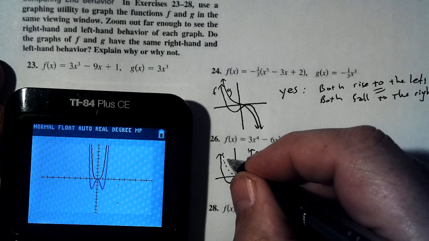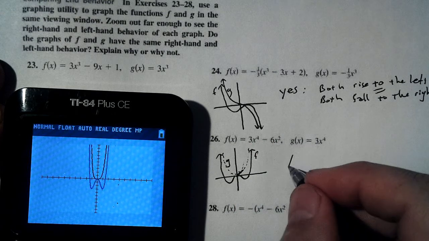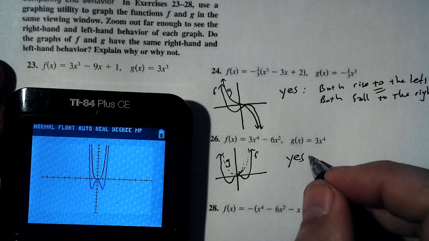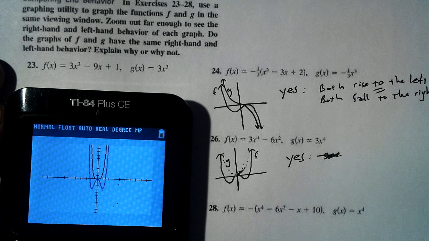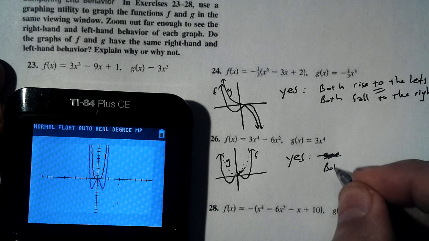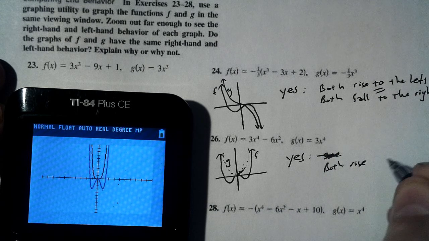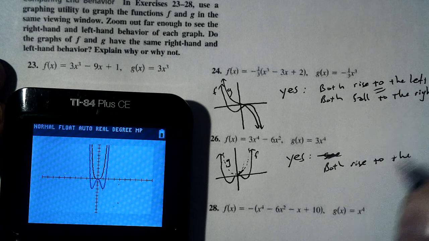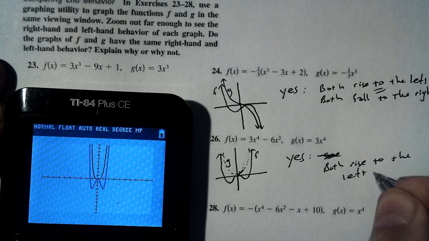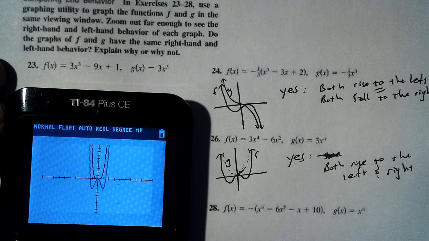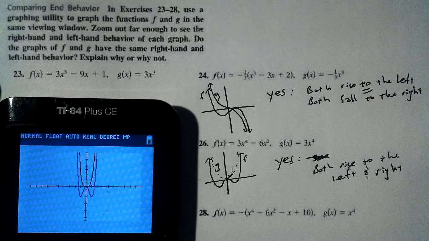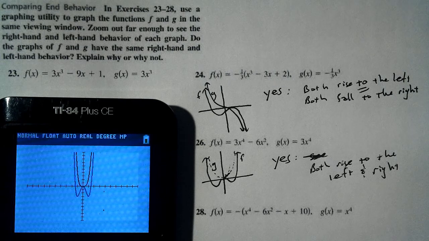So this one is G, and yes. Oh, I can't say C, number 24. Both rise to the left and right. And that's what our end model behavior is. That's our left hand behavior, right hand behavior.